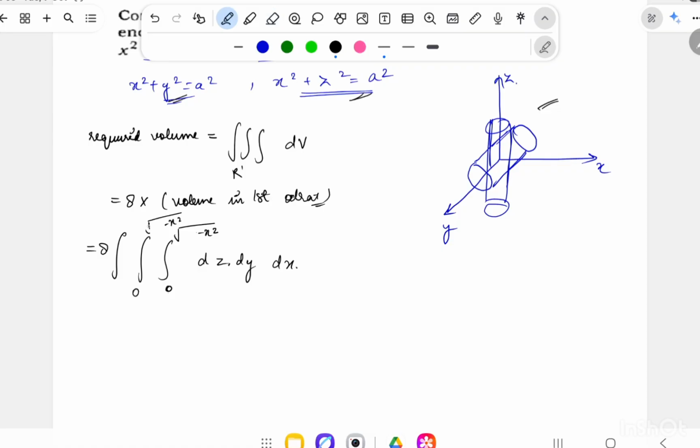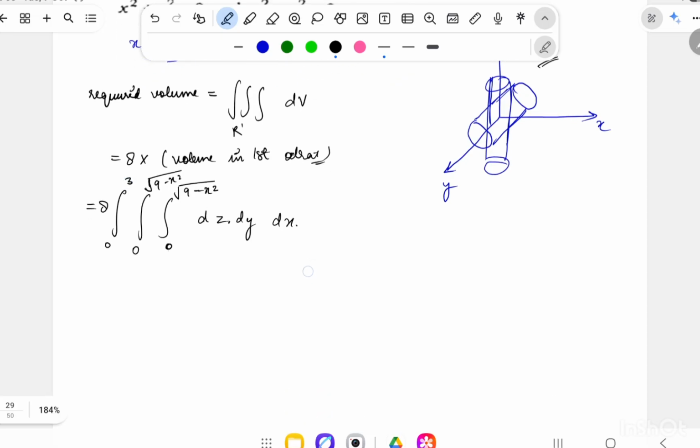So it will be under root 9 minus x square, and x varies from 0 to 3. Now if I evaluate it, it will be 8 times integration x from 0 to 3, y from 0 to under root 9 minus x square. Now first let's integrate with respect to z, that will give us 9 minus x square dy dx.